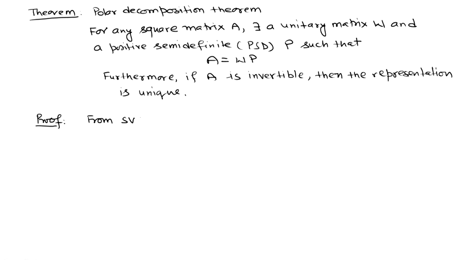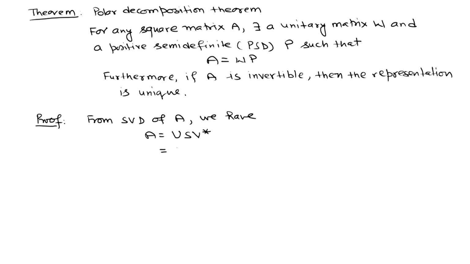From the singular value decomposition of A, we have A equals U S V star, where U and V are unitary matrices and S is a diagonal matrix having the singular values as the diagonal entries.